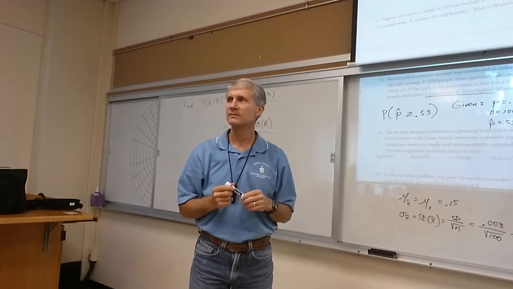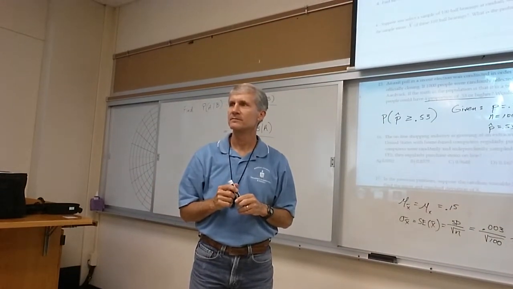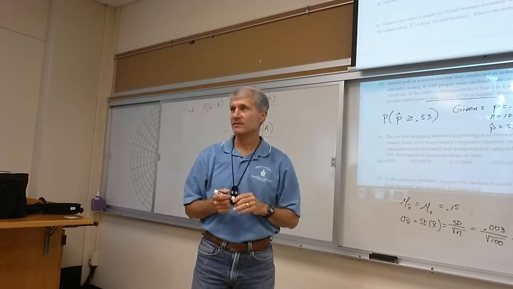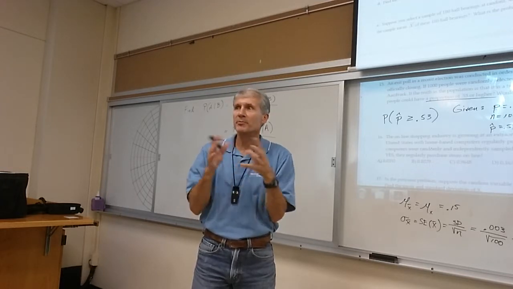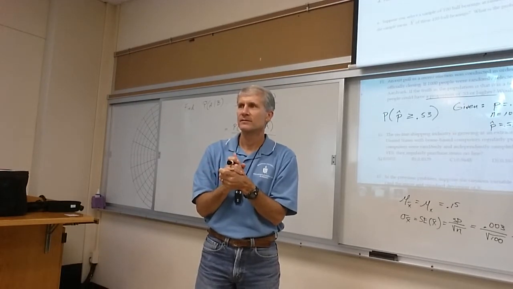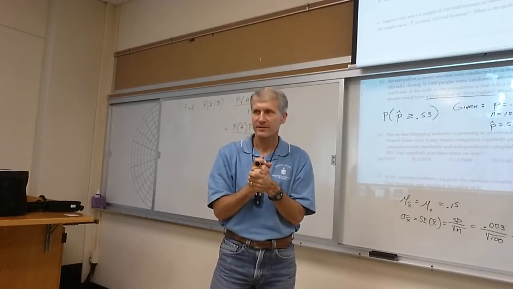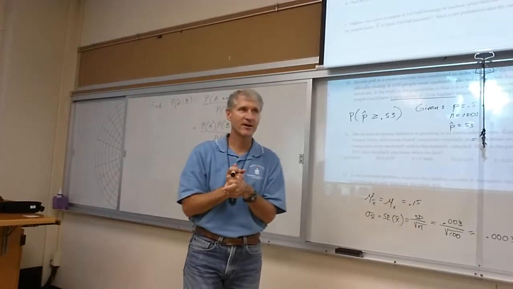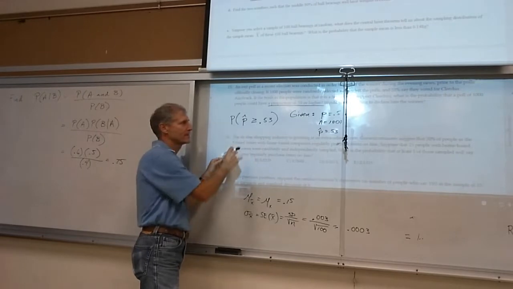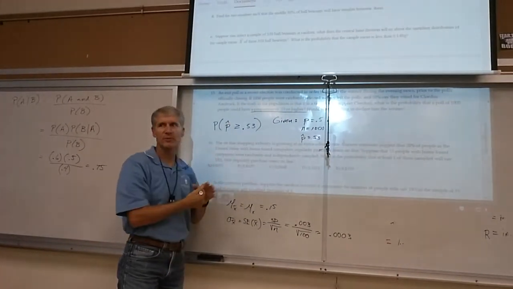Okay. So the square root of P times 1 minus P over N. You'll need that, yes. But that's not the probability. That's the standard error of P hat. So we're going to need to know the standard error of P hat, and then what's the distribution going to be?